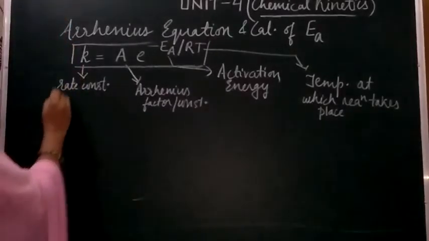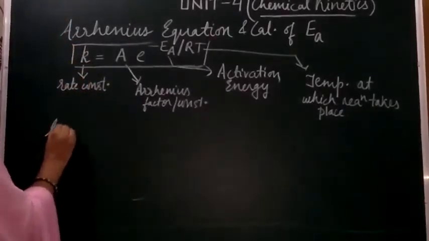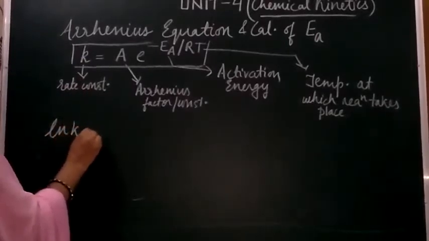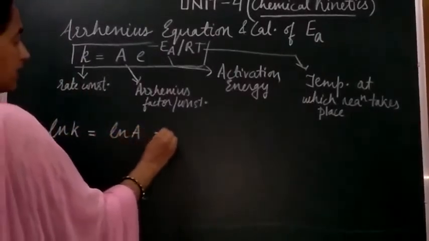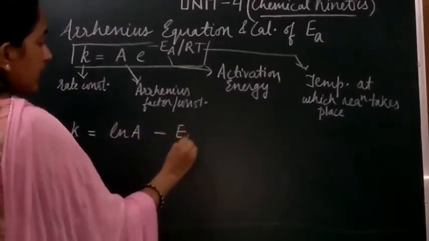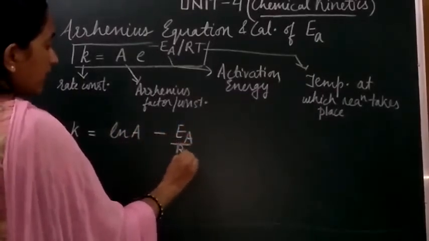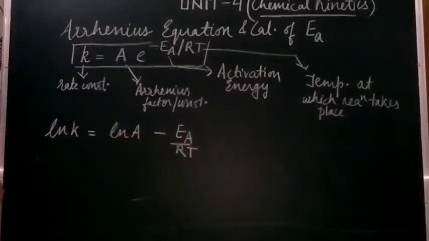Now students, if we take the natural log on both sides, we will get ln k equals ln A minus Ea upon RT.